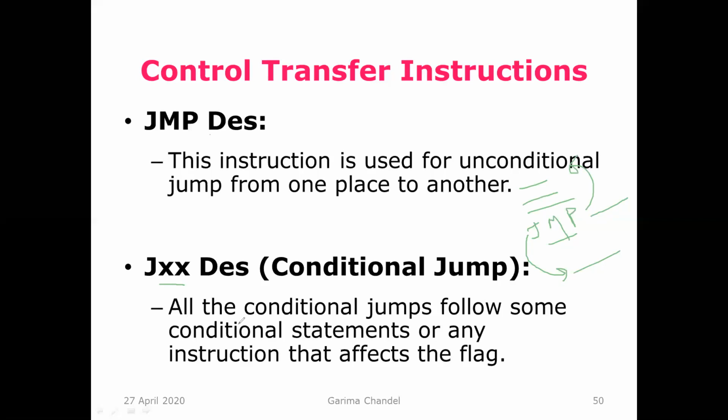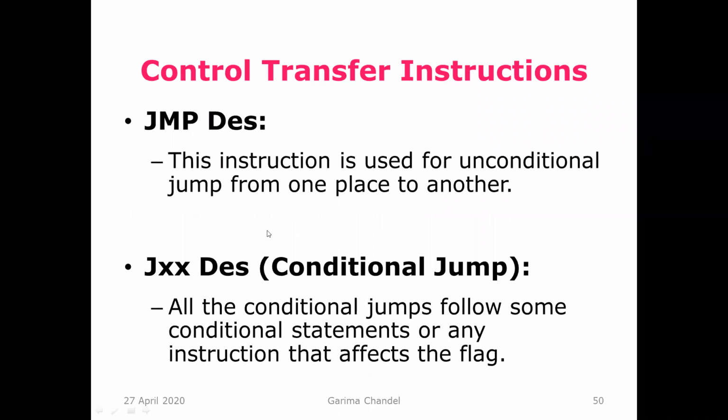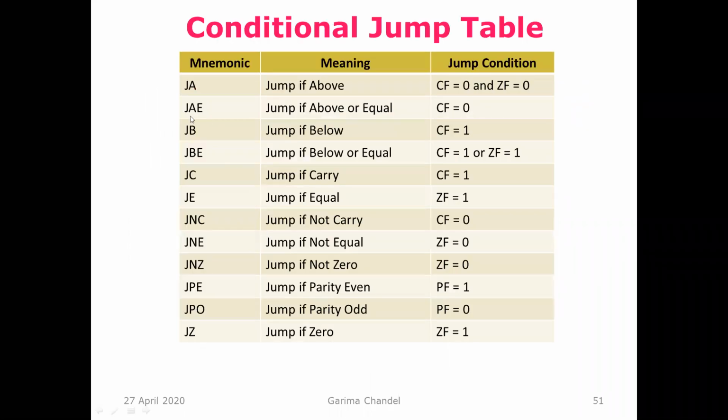JXX is the conditional jump where conditional flags are used. Flags are used basically for these kinds of instructions. This will be more clear in the next slide. JXX is not any particular instruction. Basically, XX shows that some flag condition should be there. Like this, JXX can mean JA, jump if above, or jump if above or equal.